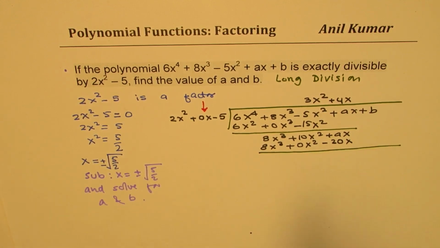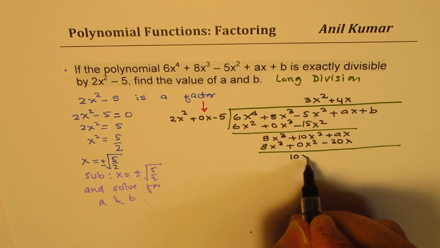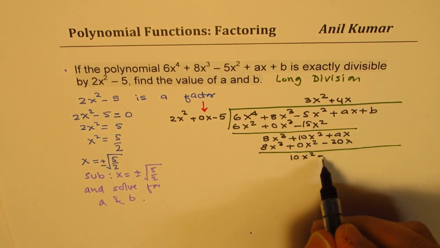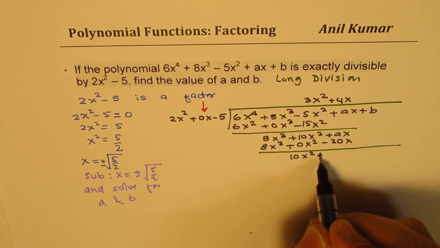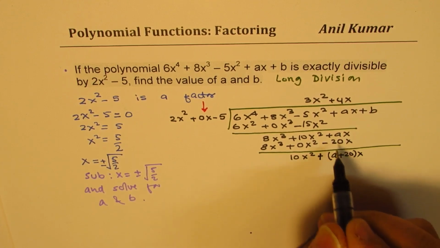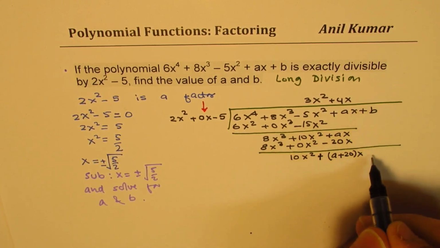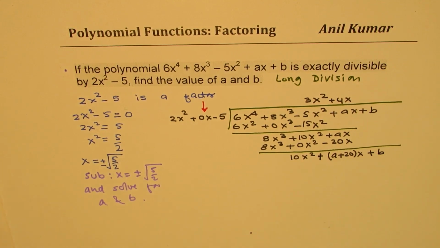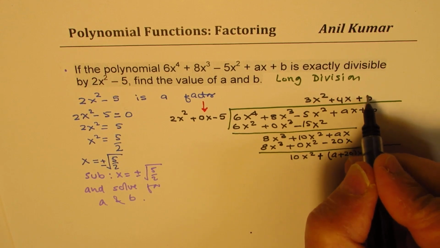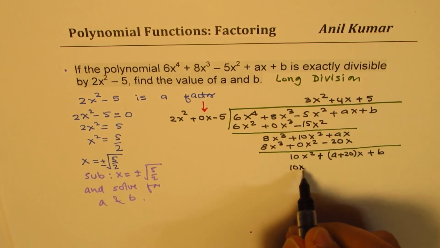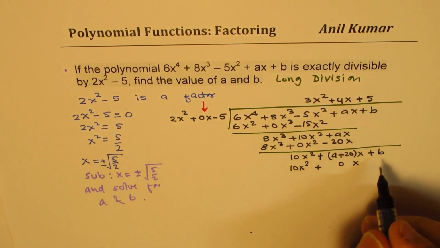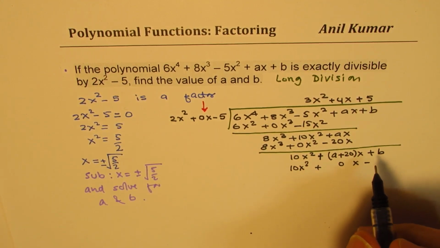what do you get? So here we get 10x squared, and here we get plus, I could write like this within brackets, a plus 20x, correct? So when you take away, and now bring down plus b. So we have 10x squared, so now I'll multiply by 5, so we get 10x squared plus 0x, and 5 times 5 is 25, correct?